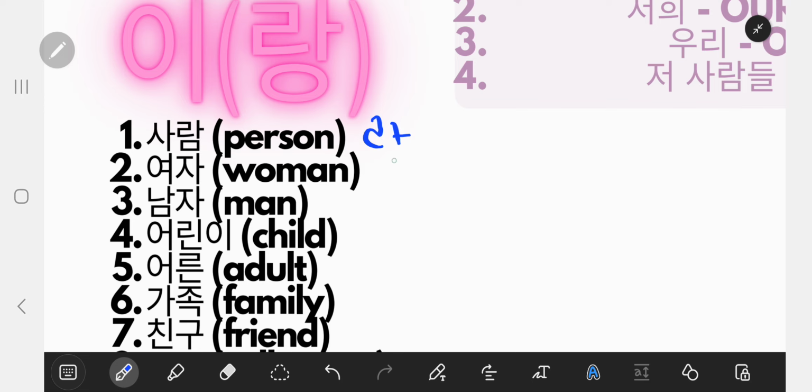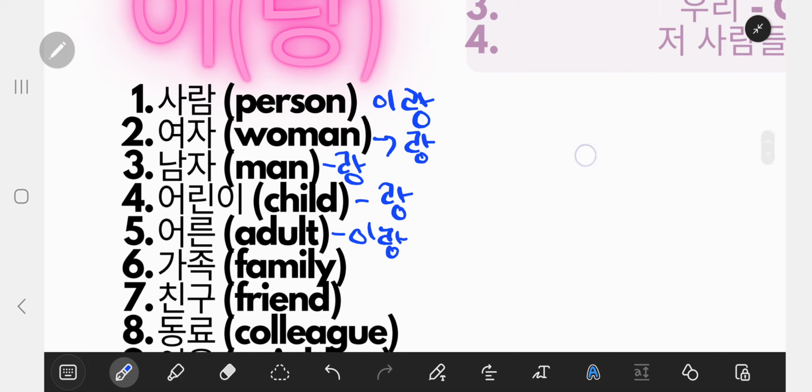If I just said L, A, and G, 사람랑, it doesn't work because I cannot roll my L. So 사람이랑. Okay? And this is 여자랑. This is 남자랑. 어린이랑. And then this is 어른이랑 because it ends in a consonant sound ending.